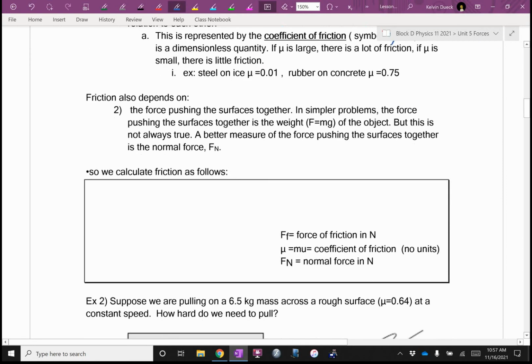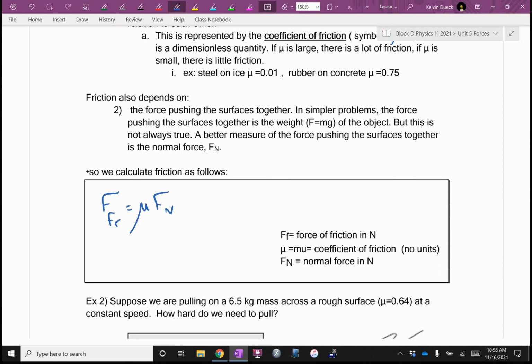So this is our next equation, and it's on your formula sheet. Friction equals mu times the normal force. It's how sticky or slippery an object is times how hard the ground has to push up to keep it from sinking in.